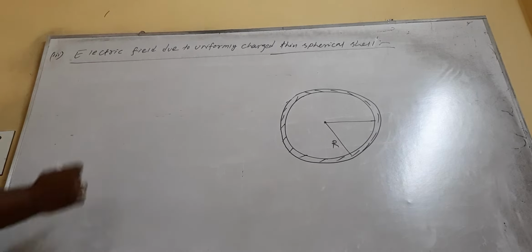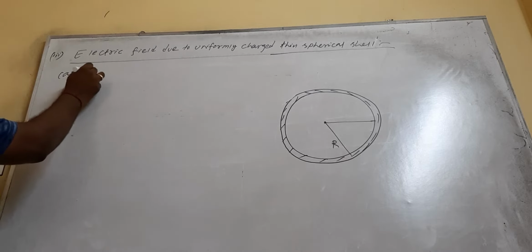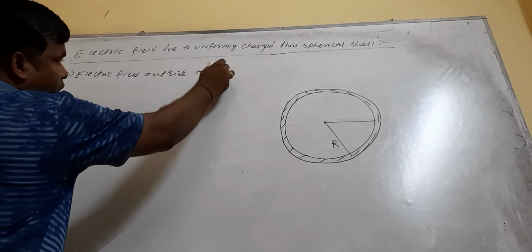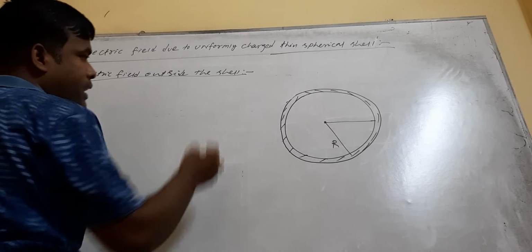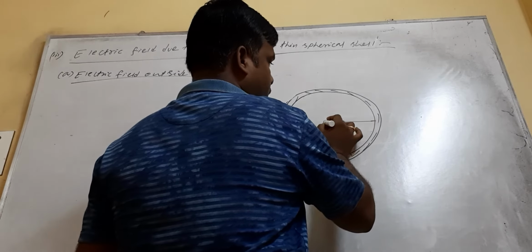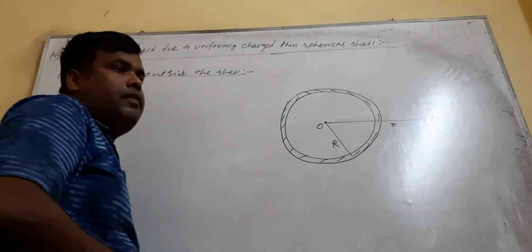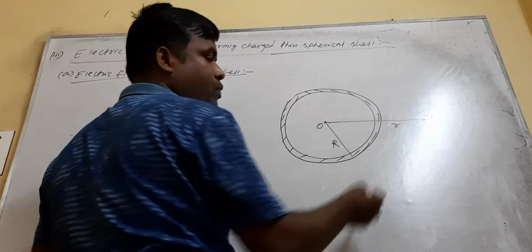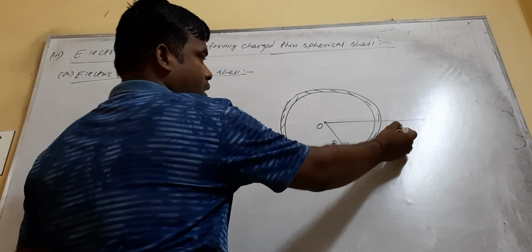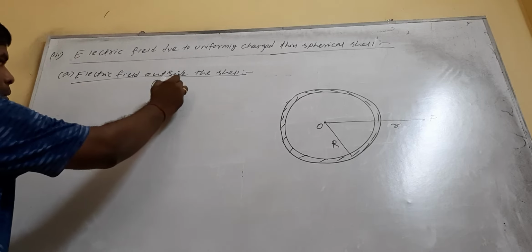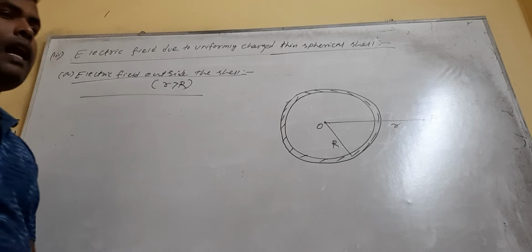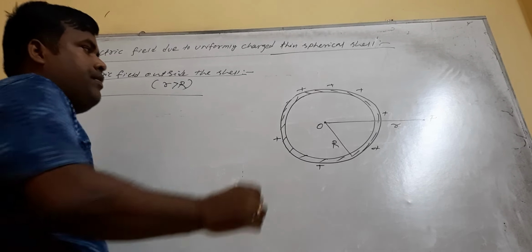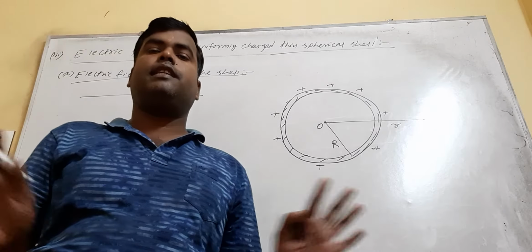First I want to find the electric field outside this shell. Take a point P at a distance r from the center of the shell, where r is greater than capital R. You consider this shell is positively charged and the distribution is uniform.